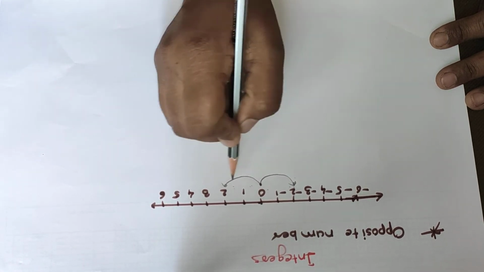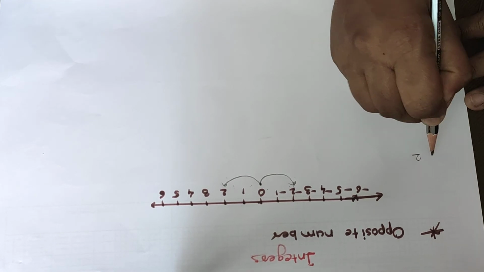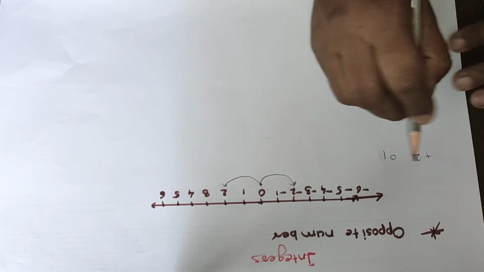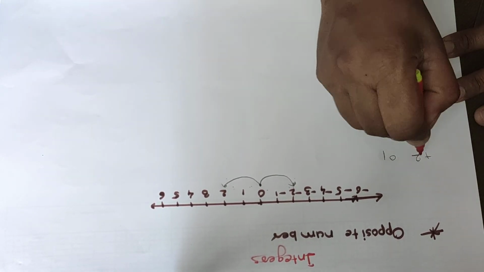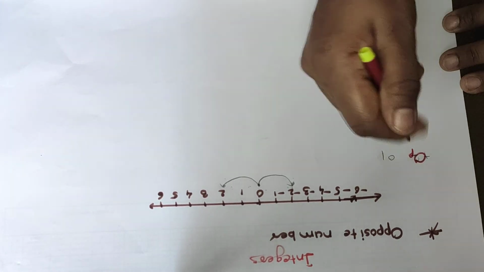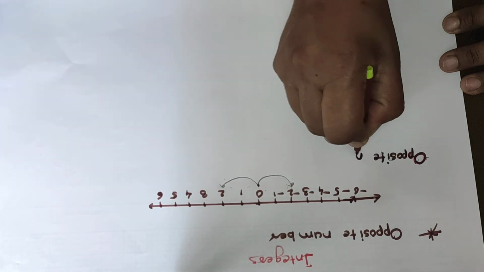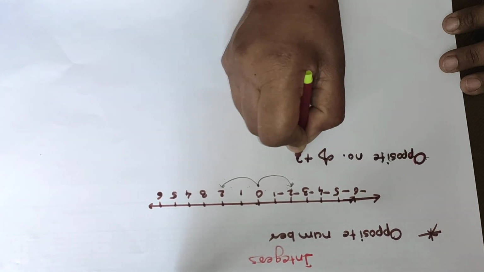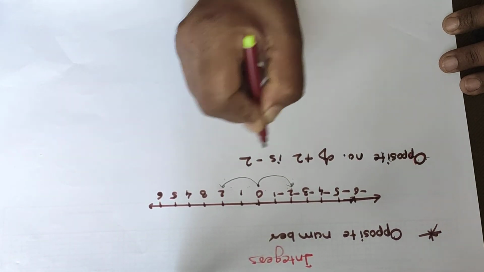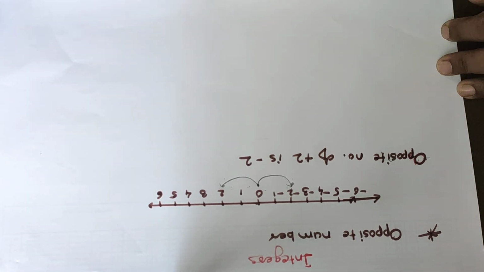So these are opposite numbers. The opposite number of plus 2 is minus 2.